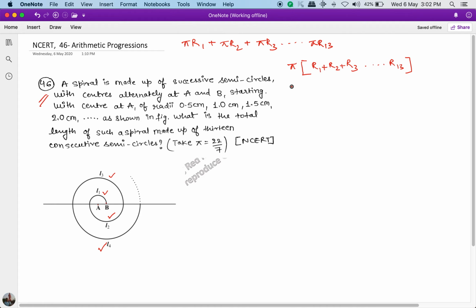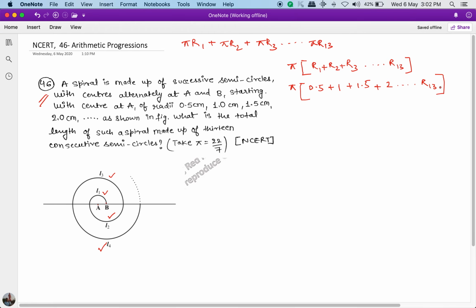I will keep the pi as pi, and what is r1? r1 is 0.5, then r2 is 1, then r3 is 1.5, then r4 is 2, and so on till r13.